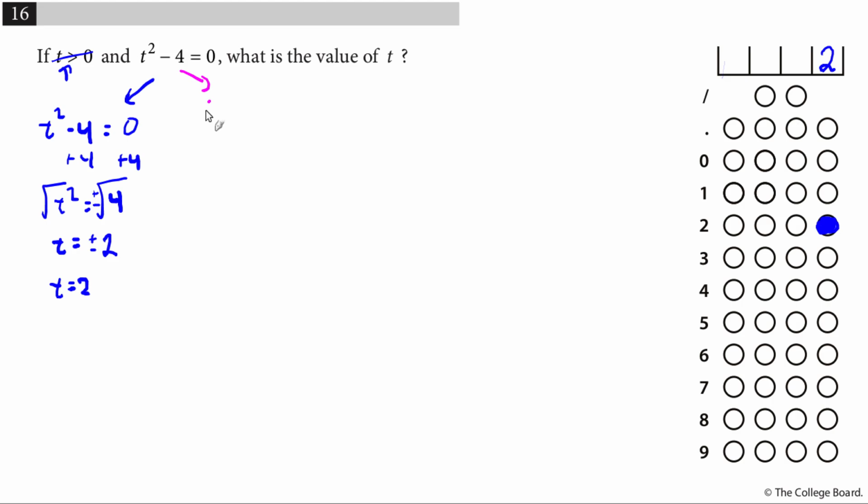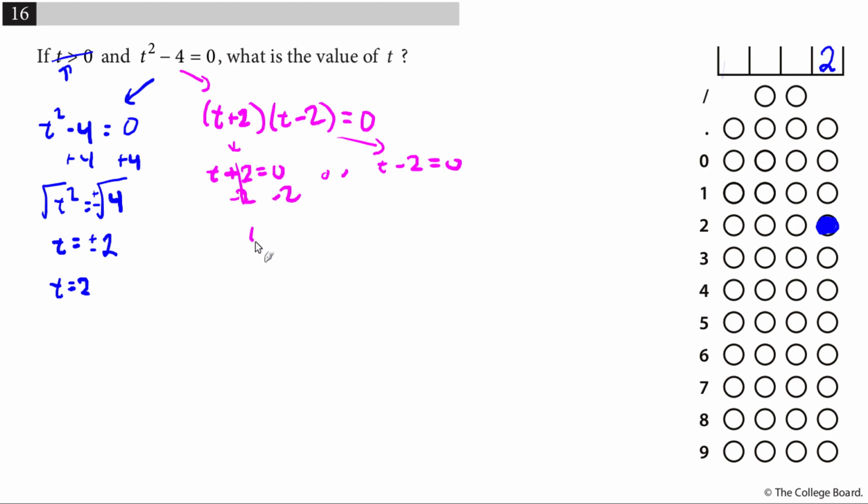So that would be t plus 2 times t minus 2, and since I have the product of two things equaling 0, I could use the zero product property and set t plus 2 equal to 0, or t minus 2 equals 0. Subtract 2 from both sides, t equals negative 2, or add 2 to both sides, t equals positive 2. And again, going back to saying that t has to be positive, this is my only solution.